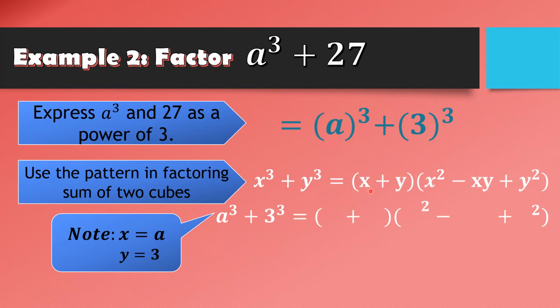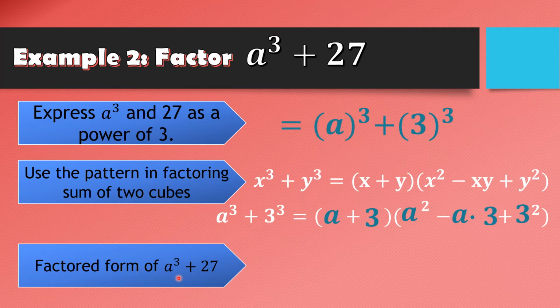So, para sa x, we have a. So, lahat ng x, papalitan natin ng a. And for y, we have 3. So, lahat ng y ay papalitan natin ng 3. Ayan. Pagkatapos natin gawin ang substitution dito sa part na ito, isi-simplify naman natin yung kabilang factor since merong pwedeng i-multiply dito.